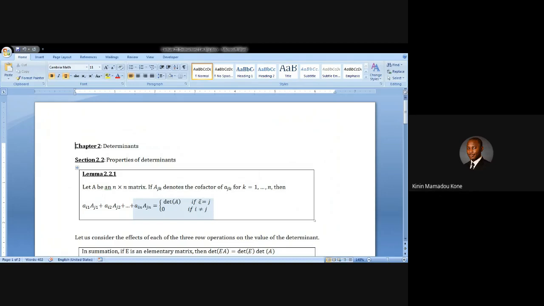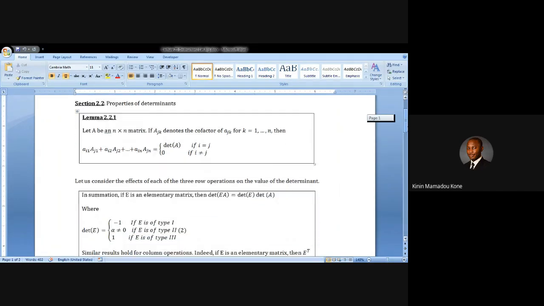Like i equals j here means that you have a11, a12, etc. So in order for this to give you the determinant of A, i and j here have to be the same.